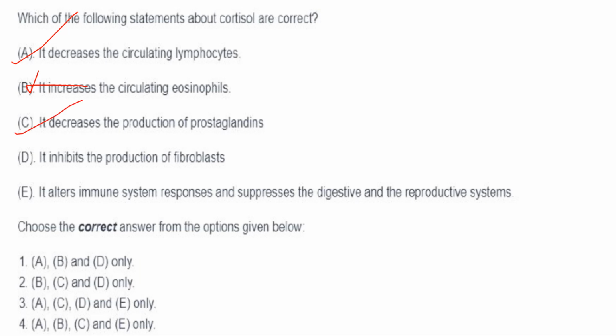Yes, cortisol has anti-inflammatory effect, and this is achieved by decreasing the production of prostaglandins. Then it inhibits the production of fibroblasts. Yes, it alters the immune system response and suppresses the digestive and reproductive system. That is also correct. So A, C, D and E, that makes option 3 the right answer.